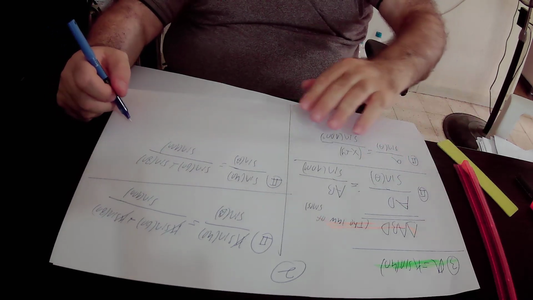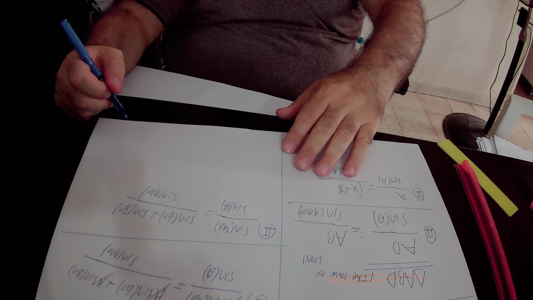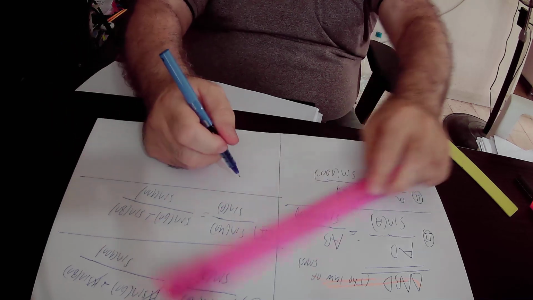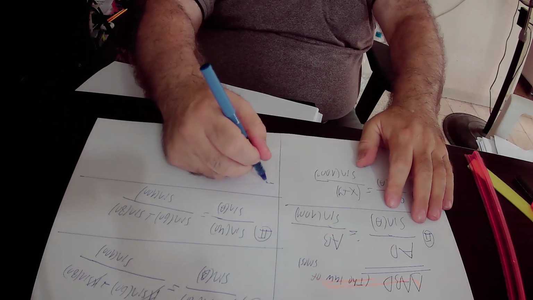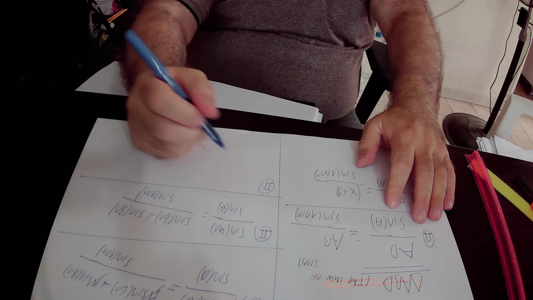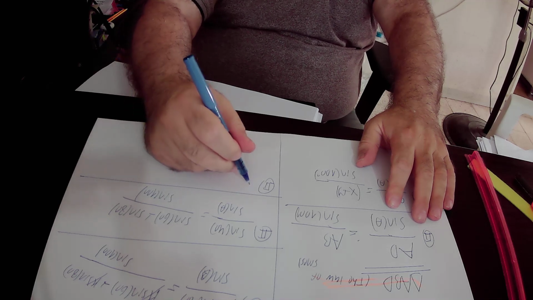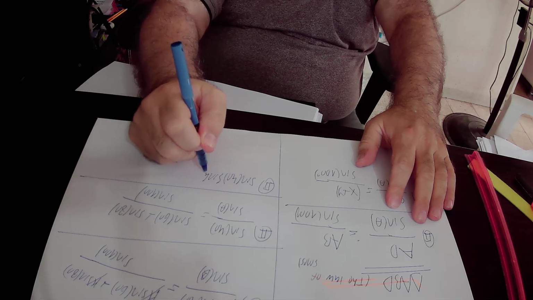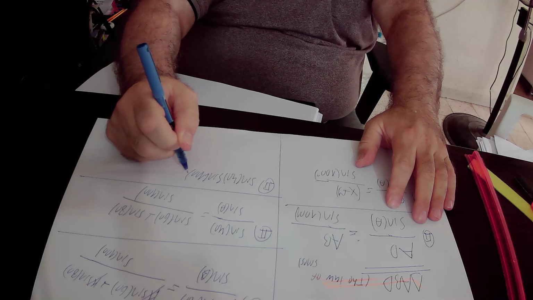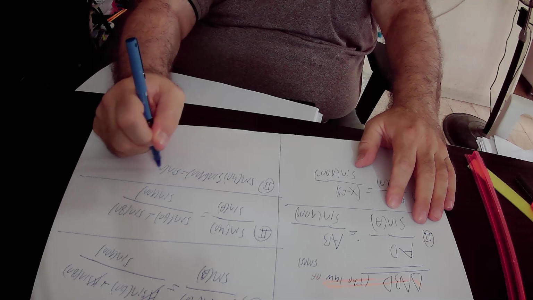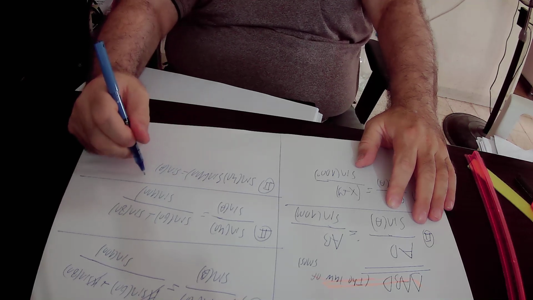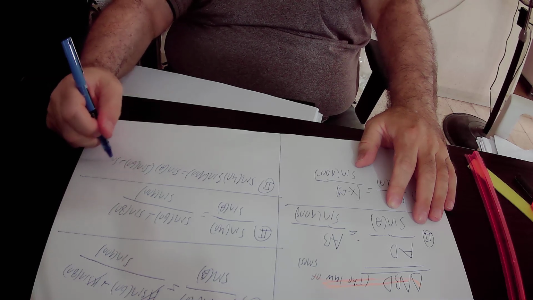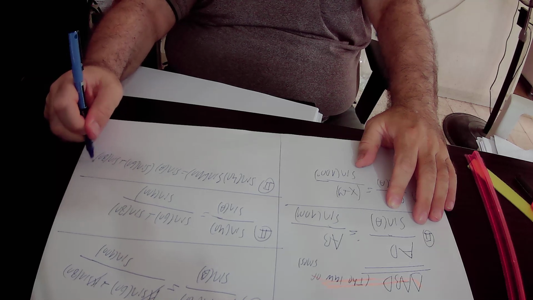So here we multiply this equation, and we get that according to equation number 2, sine 40 degrees times sine 100 degrees equals sine theta times sine 60 degrees plus sine 80 degrees.